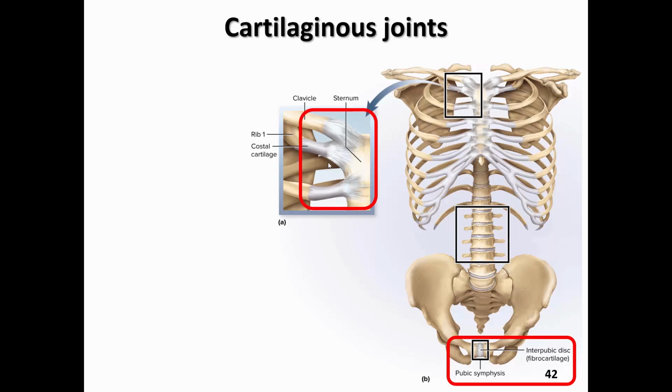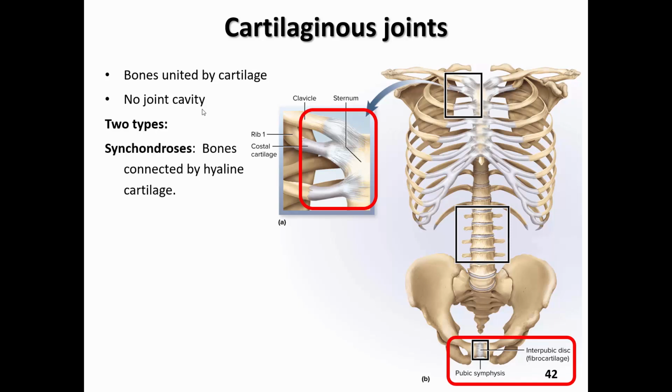The second type here is the connection in the rib cage, or rather the connection between the ribs and the sternum, as well as the clavicle and the sternum. The cartilaginous joints are characterized by the connection of the bones by cartilage, and are also characterized by the fact that there is no joint cavity forming these joints.